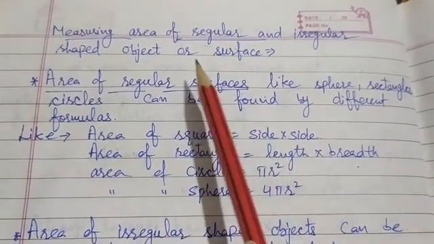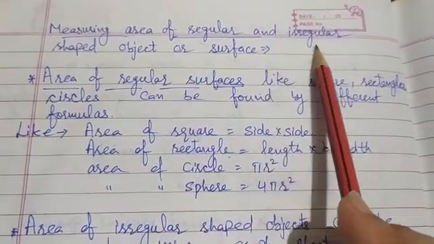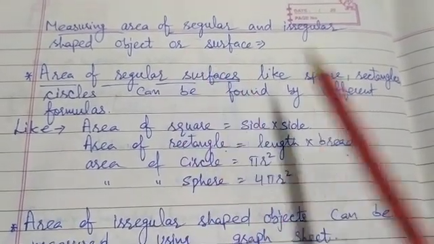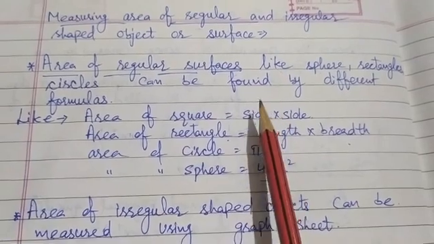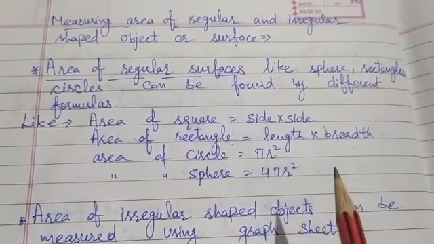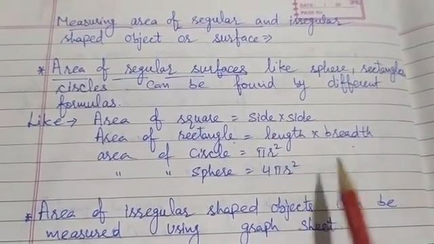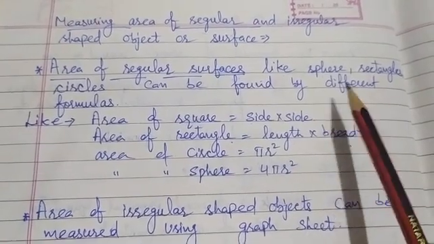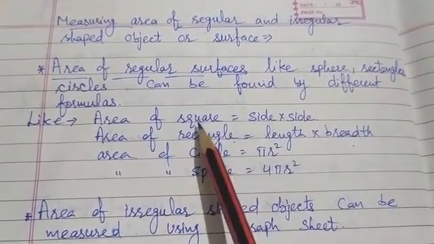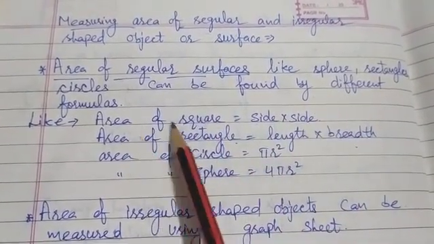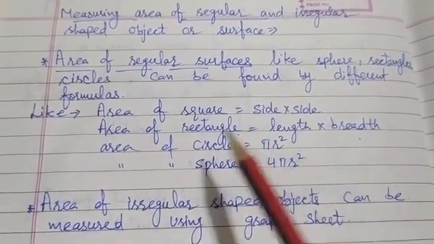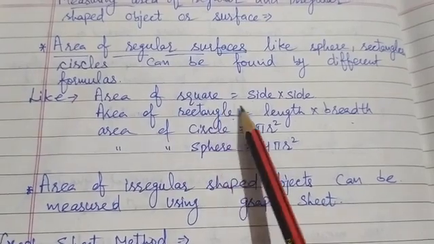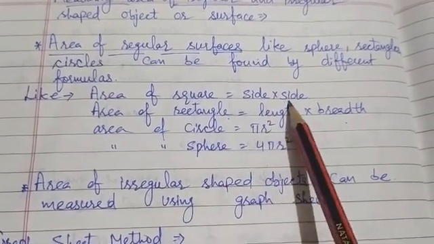Next is measurement of area of regular and irregular shaped objects or surfaces. First one is area of regular surfaces or regular objects. We can measure the area of regular surfaces or regular shapes like square, rectangle, circle, sphere by different formulas. For example, area of a square can be written as side multiplied by side.